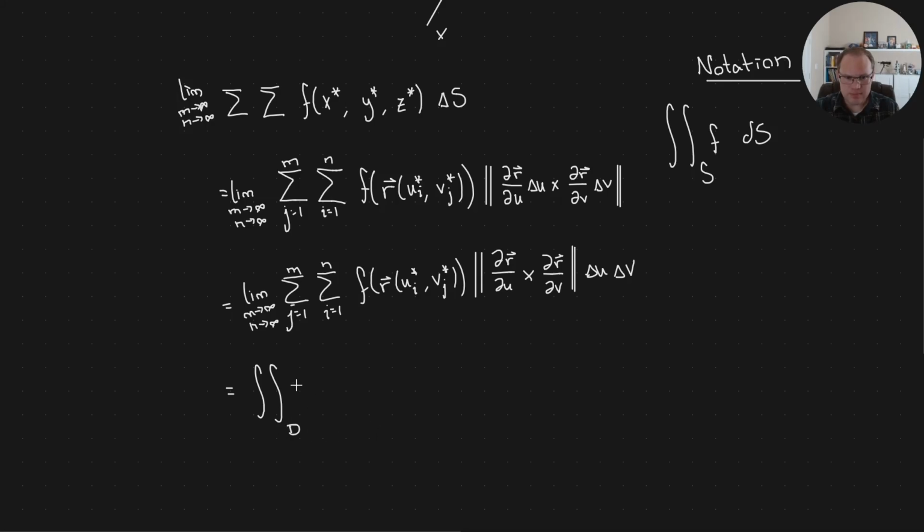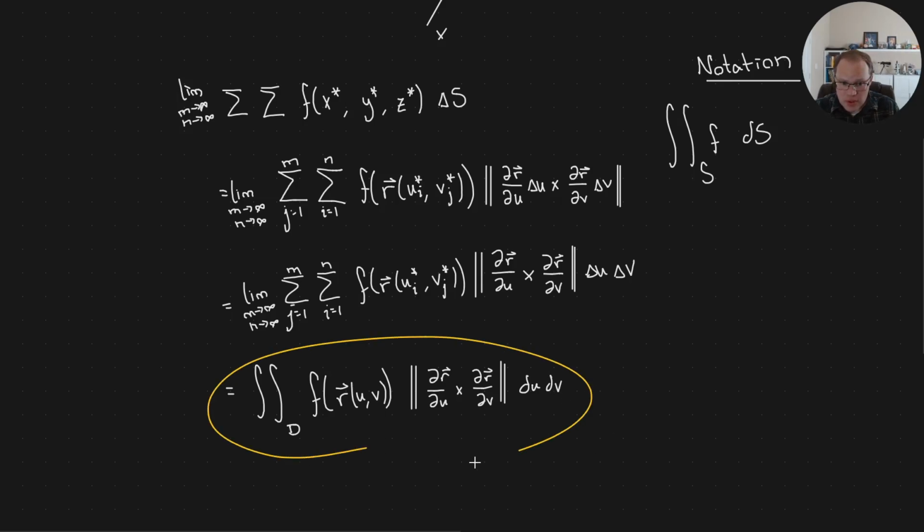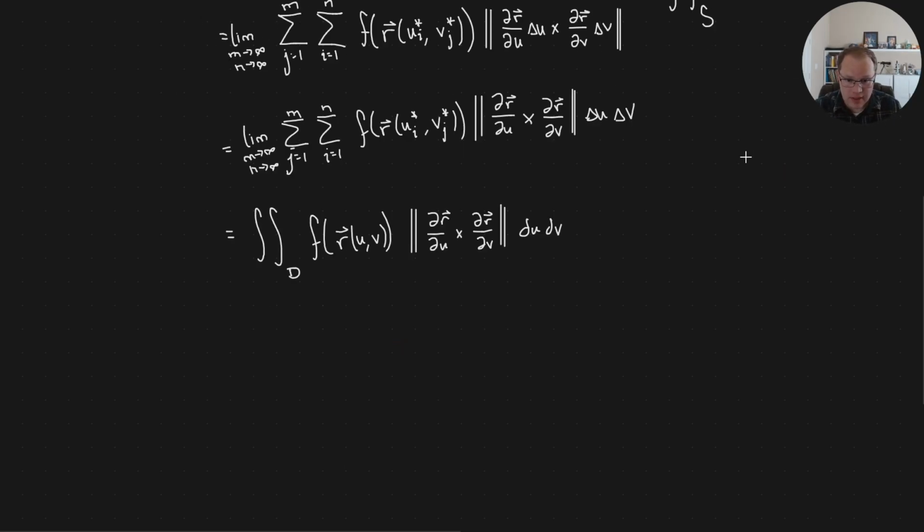Call it D, of f of r of u, v times the norm of the cross product of the partial derivatives, delta u, du dv. All right, that's how you calculate a surface integral over a scalar valued function. So the notation we have here, that's how we often express a scalar integral over a surface.